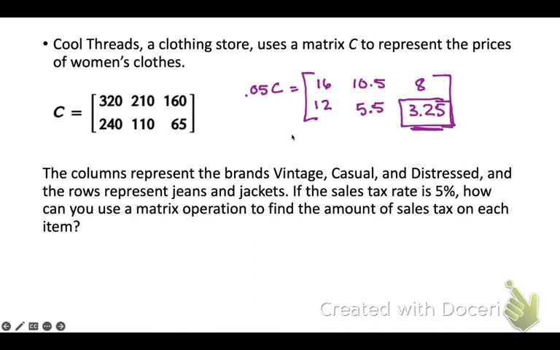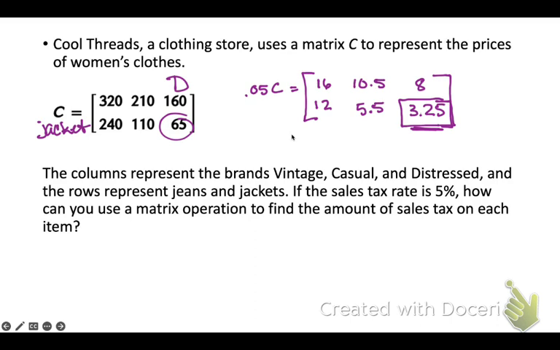The sales tax of 65. What's 65? The regular price, the denim jackets. The sales tax on a denim jacket. Yes, isn't that how you read a table? So the sales tax on a $65 denim jacket is $3.25.